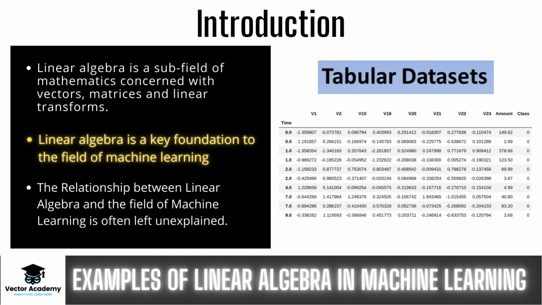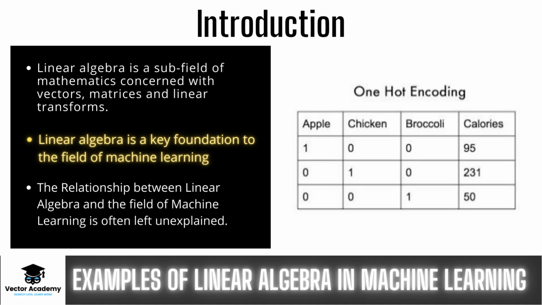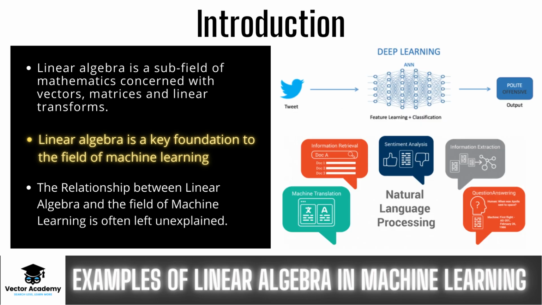Linear algebra structures are used when working with data such as tabular datasets and images. Linear algebra concepts are used when working with data preparation such as hot encoding and dimensionality reduction. Linear algebra notation and methods are heavily used in subfields such as deep learning, natural language processing and recommender systems.